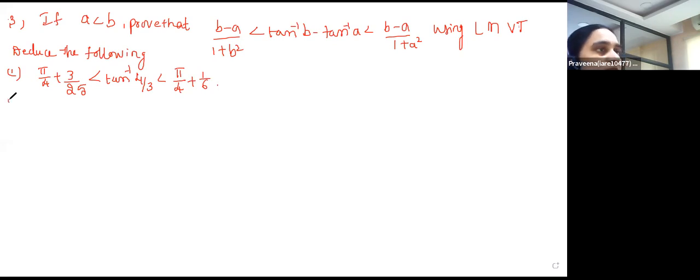And from the second: (5 pi plus 4)/20 is less than tan inverse 2, which is less than (5 plus 2)/4.